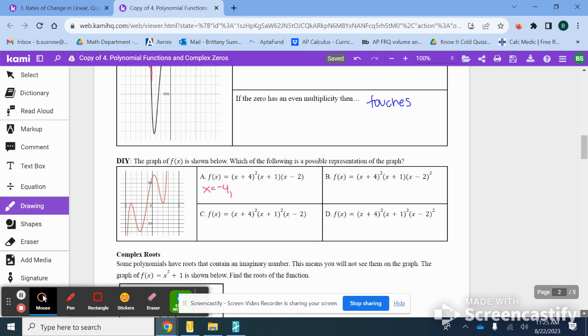Just tell me, what does a 2 tell me to do? Touch or cross? Touch. That's how I would want it. -4 is touch. You see what I mean? You could write out the number if you'd like to help yourself. 2 is even, so it touches. Not today, but yes, it is in the next lesson. So then at +2 it crosses, and at -1 it also crosses.